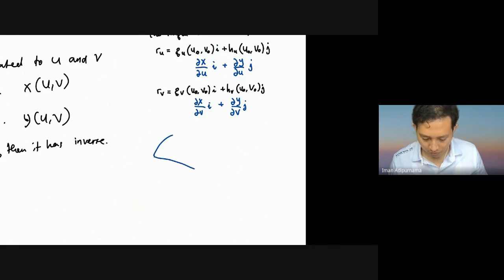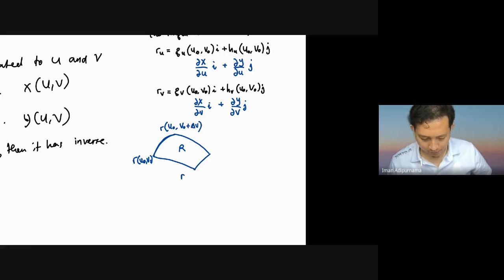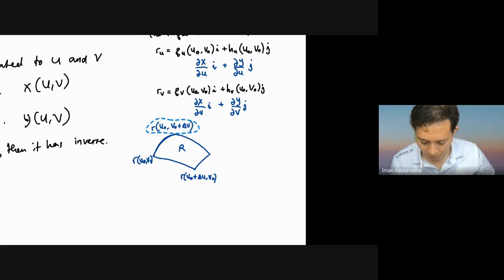So let's draw the R. Okay, this is R. Now this is R at u0, v0 at the beginning, and this will be R, and this will be having plus delta v, and from here it's having R. So this is actually the plane. Oh, I forgot to draw the tangent. So this is the tangent actually. Wait, let me draw here.